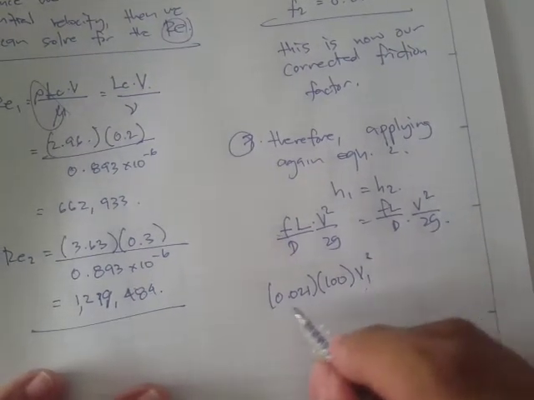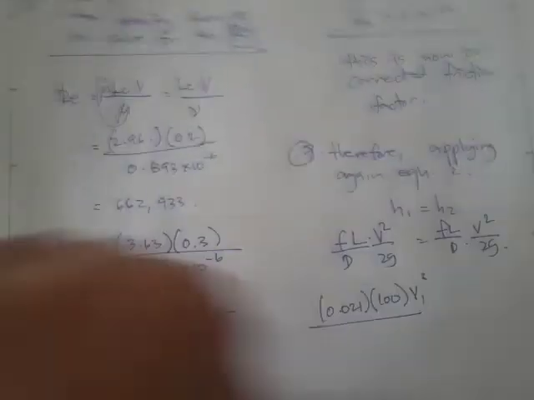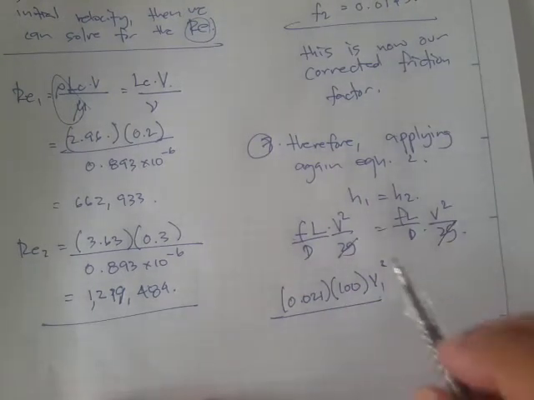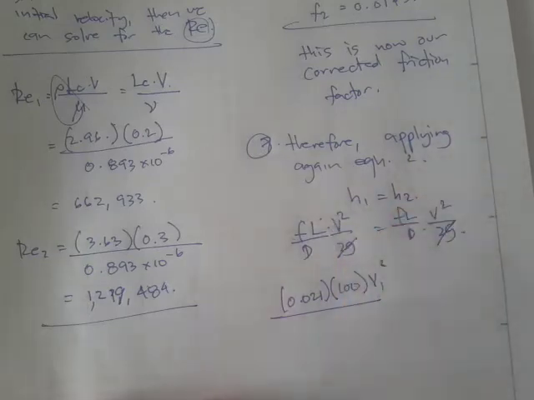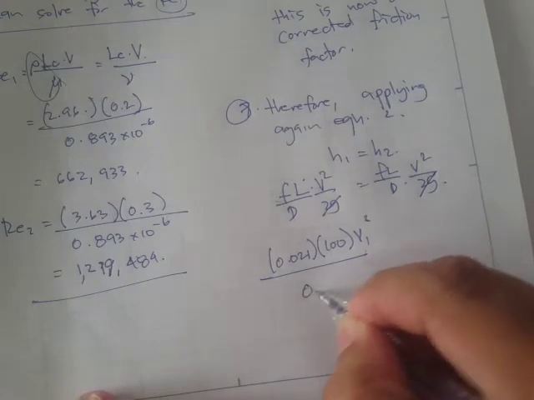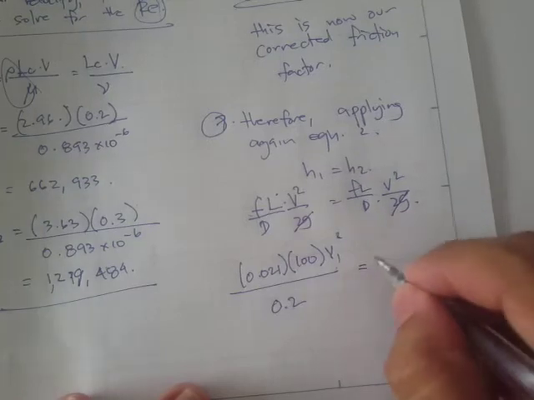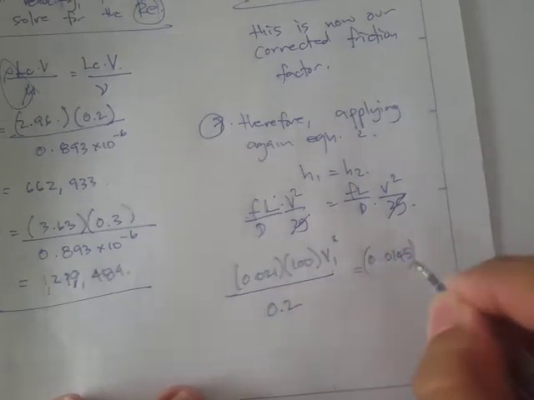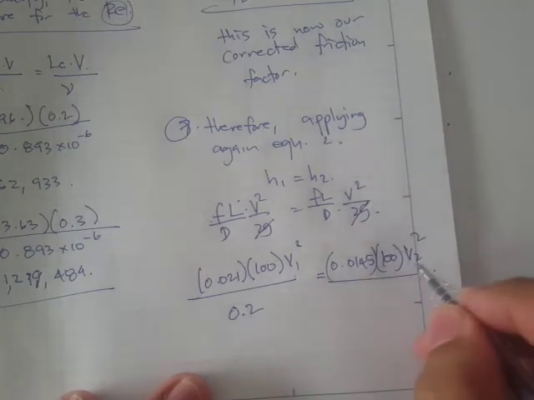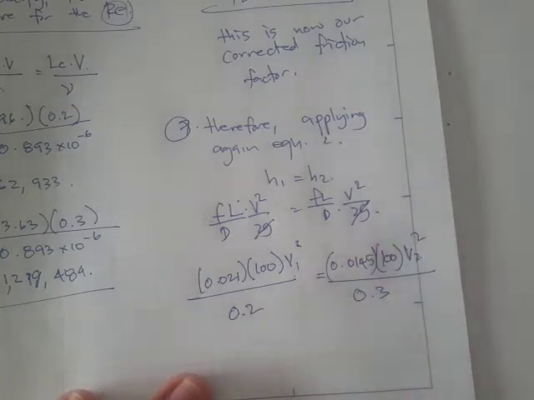V squared all over 2G. We have the same value of 2G. Actually, the length is also the same. Anyway, it doesn't matter. So 0.2 is equal to the friction factor at 0.2, 0.0145 times the length of 100 times the velocity at pipe 2 squared divided by the diameter.